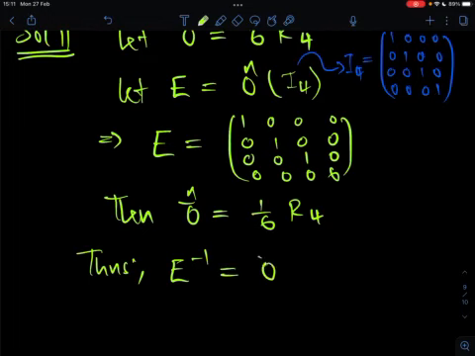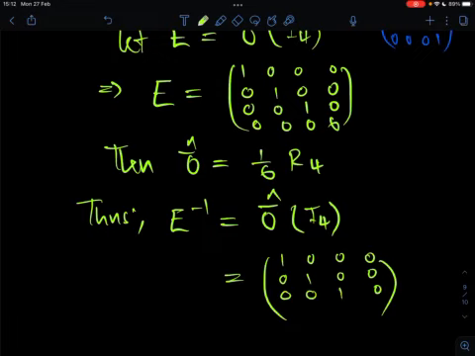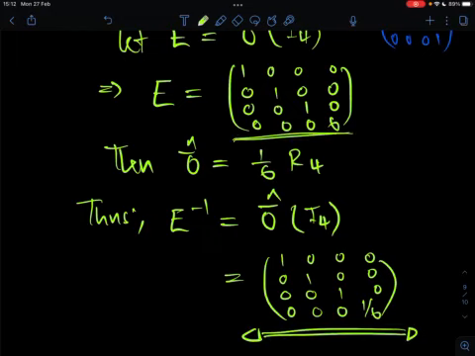So E inverse applies O bar onto I4, which means instead of multiplying by 6, we divide the 4th row of the identity matrix by 6. We get 1 0 0 0, 0 1 0 0, 0 0 1 0, then 0 0 0 1 over 6. This gives us the two matrices we're looking for, E and its inverse.